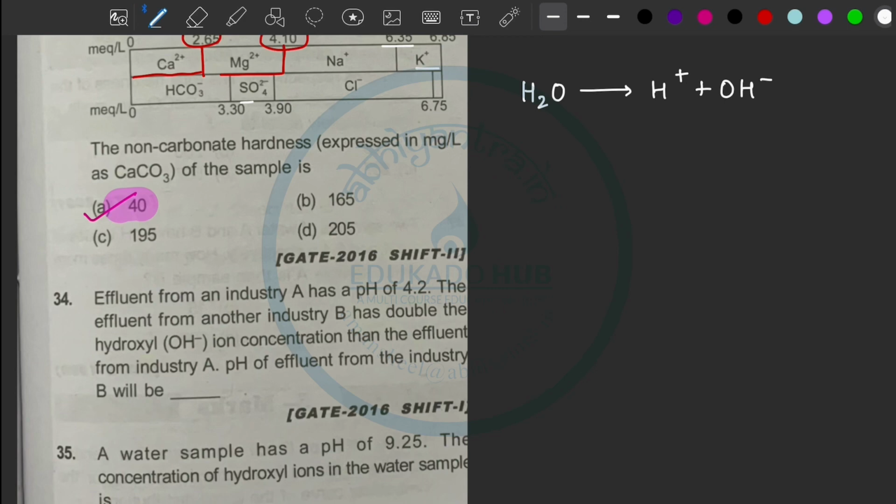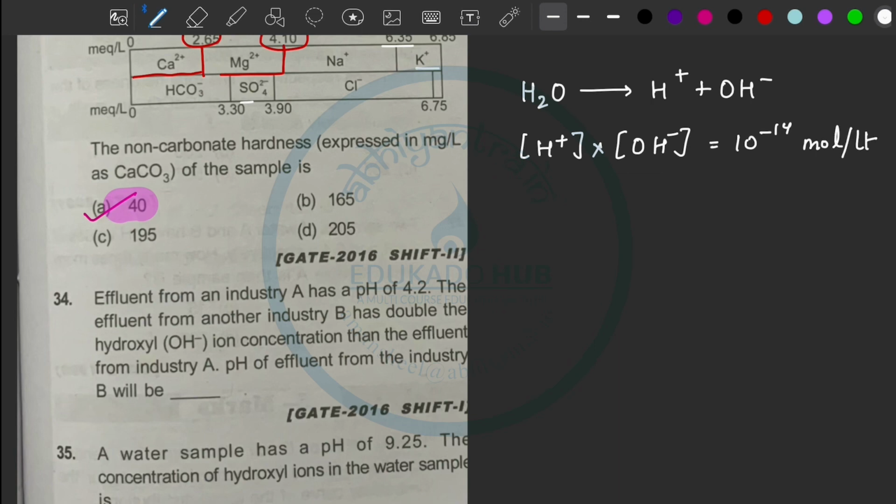And we know that the H plus ion concentration multiplied by OH minus ion concentration is 10 to the power minus 14 moles per liter.